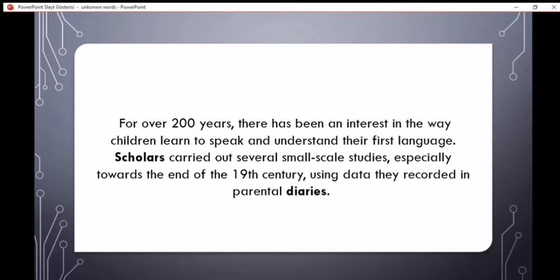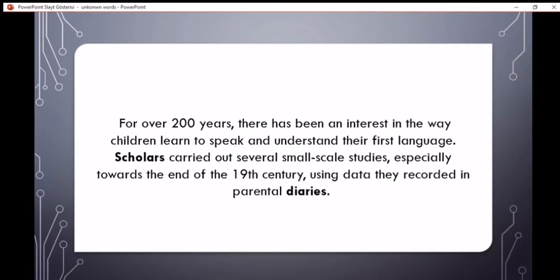Now, we need to find the connections between the words. Scholars, blah, blah, blah. They recorded. Who recorded? Scholars recorded. What did they record? They recorded data from the diaries of people, of parents. We can simply assume that it's background. Could be background, language background, school background, or simply like family background.